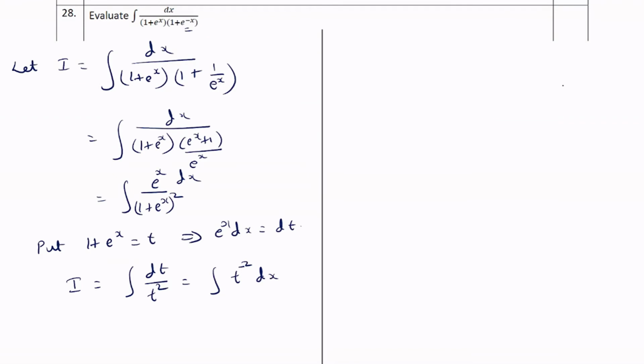Now we know what is the integral x raised to n dx. It is x raised to n plus 1 upon n plus 1 plus c. So I will be t raised to minus 2 plus 1 upon minus 2 plus 1 plus c. This is t raised to minus 1 by minus 1, so it is minus 1 by t.